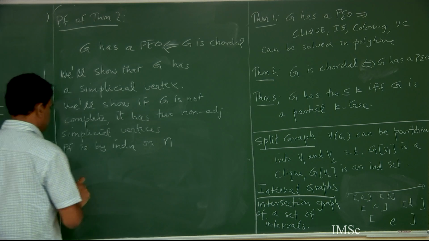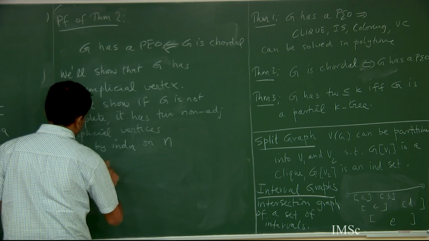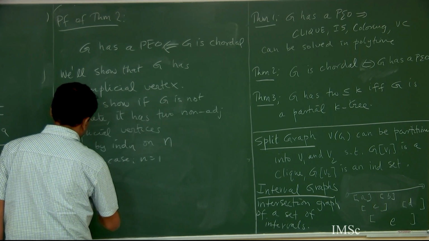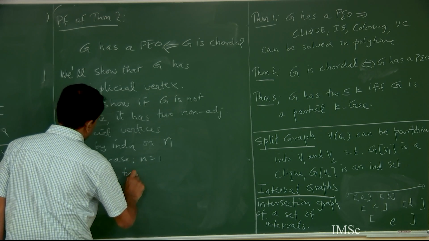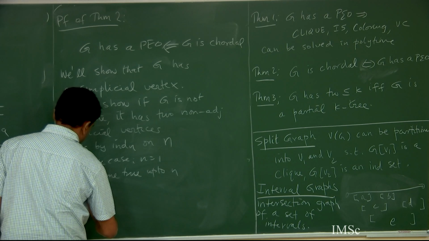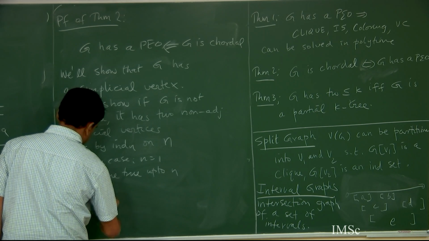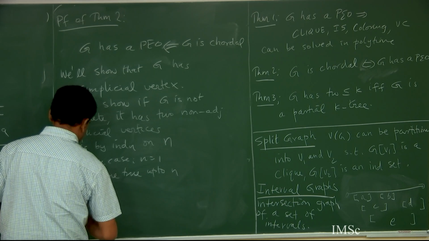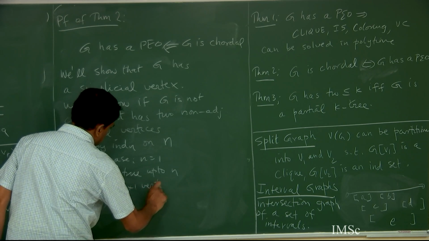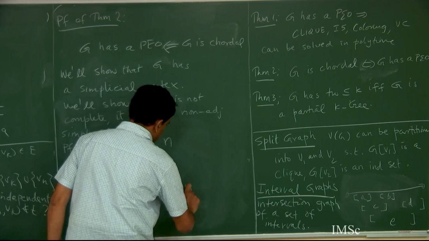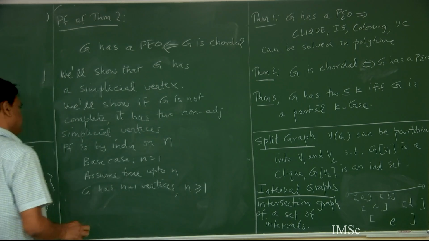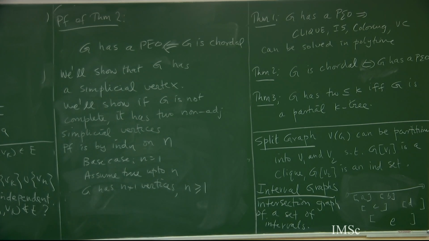So assume it is true up to n, and now I have a graph G that is not complete.